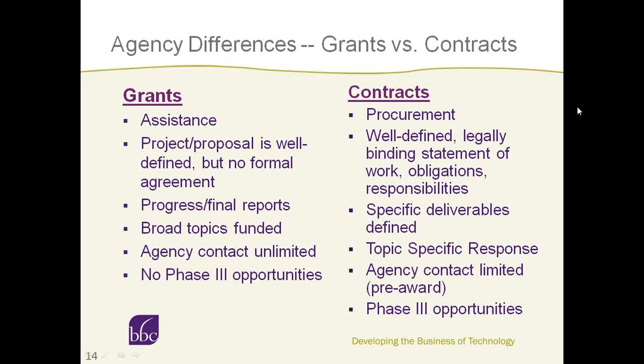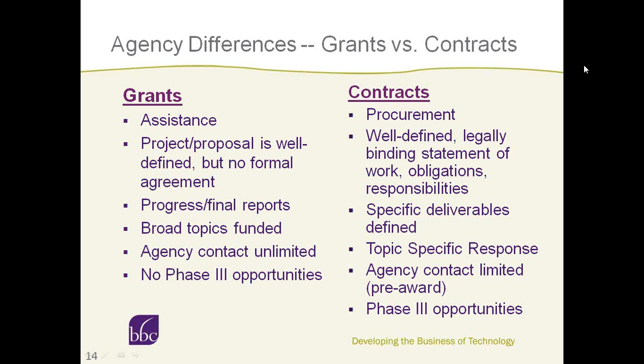The granting agencies, on the other hand, have very broad topic areas, and you, as the applicant, are encouraged to submit innovative ideas within that topic area. So it is your job not only to suggest the project, but to define the problem that you're trying to solve and to argue why your approach is innovative.